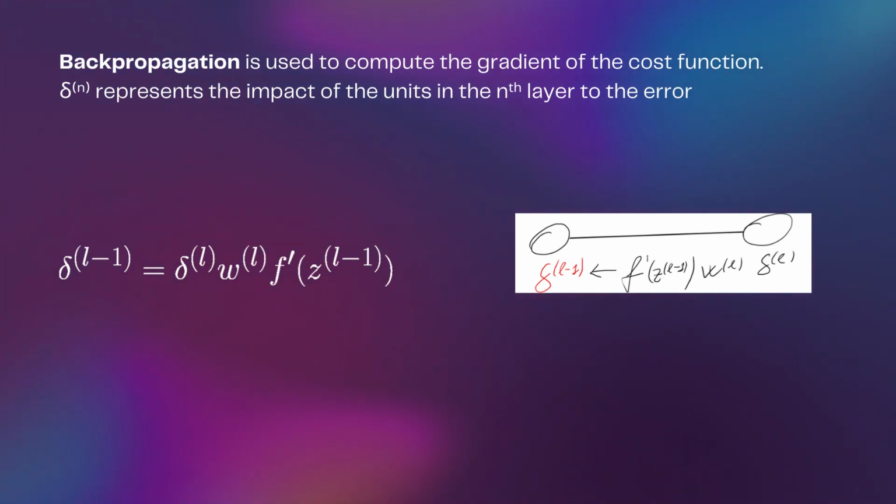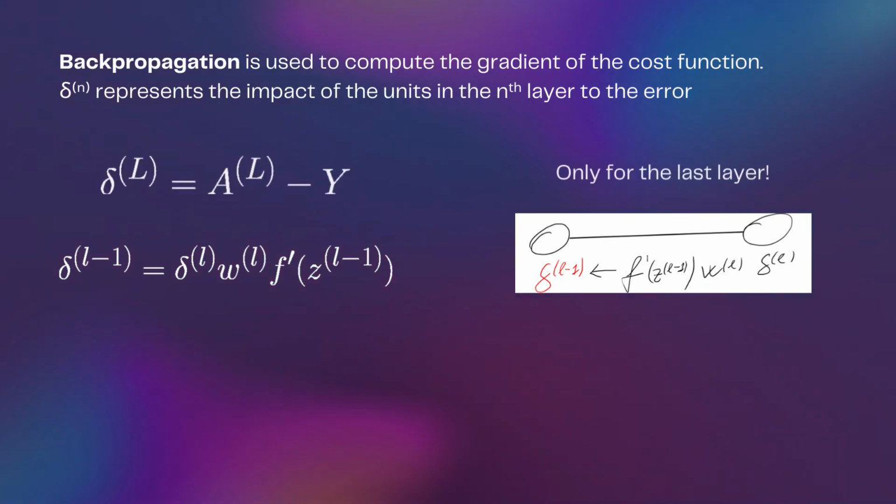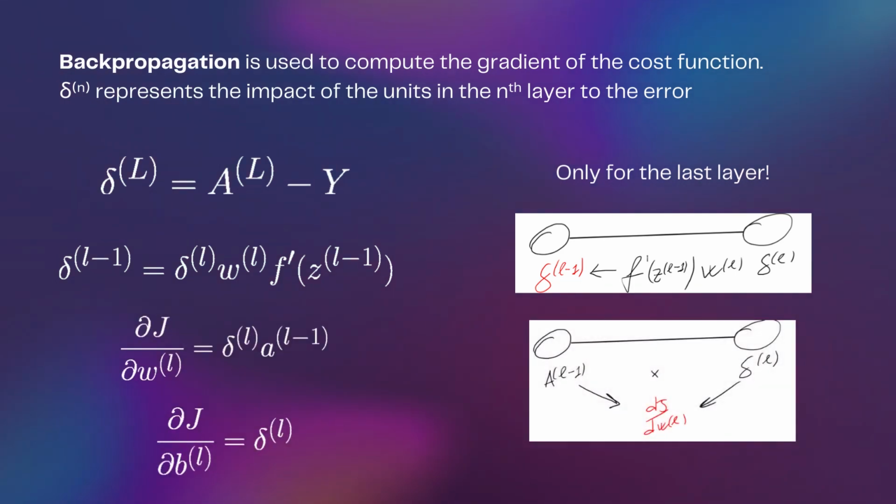Only for the last layer, delta corresponds to the difference between the result of the last layer and the label. The partial derivative with respect to the weights of a generic layer is the product between the delta and the result of the activation function of the previous layer. For the bias, it's just delta.